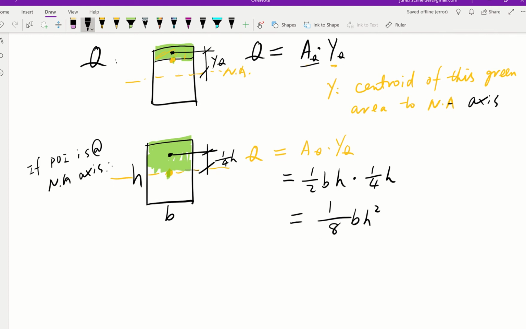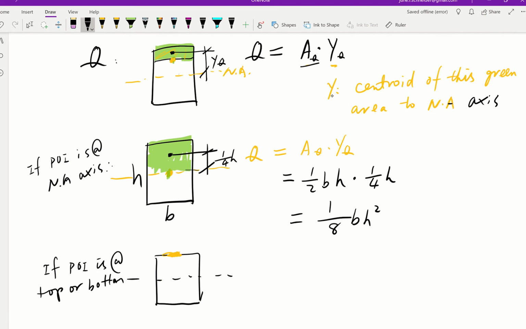Okay, then now let's look at another scenario. If my point of interest is at the top point, at the top edge, so if POI is at top or bottom of this rectangle, in that situation, what will be my area out from this point?